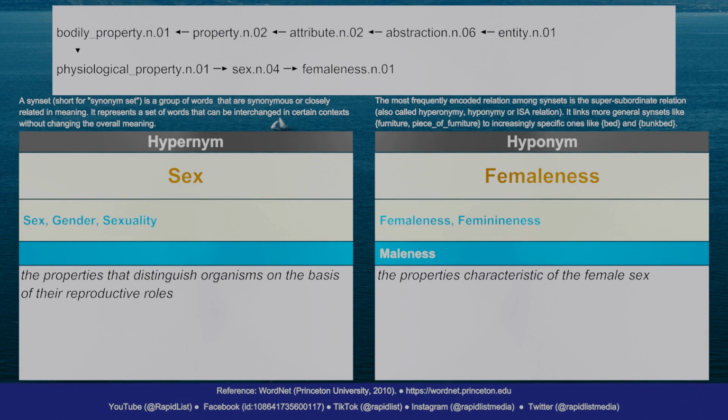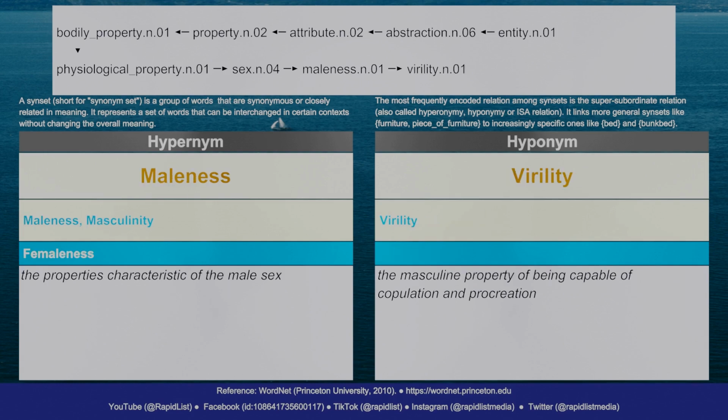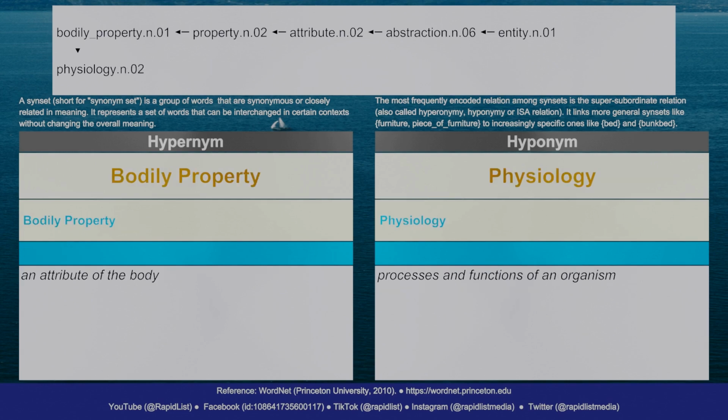The properties characteristic of the female sex. Maleness. The properties characteristic of the male sex. Virility. The masculine property of being capable of copulation and procreation. Physiology. Processes and functions of an organism.